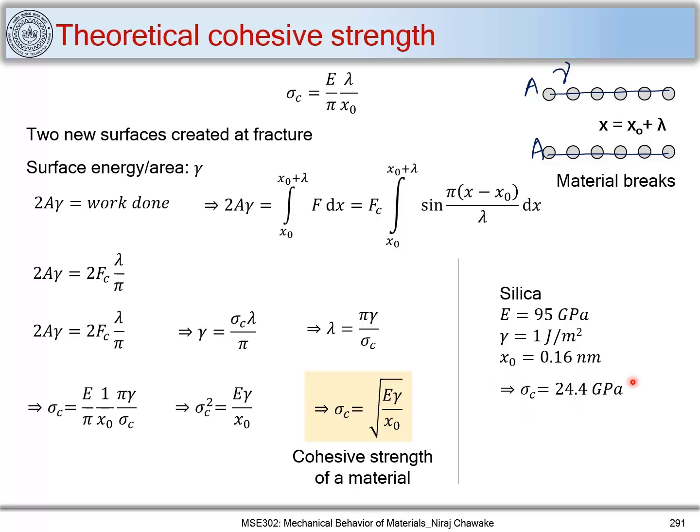So you get this sigma c, which is much higher. This is almost 2 to 4 orders of magnitude higher than the experimental values. So for the cohesive strength of silica, that is the stress required to break or disintegrate silica, the experimental stress which we observe is much lower than what is being predicted theoretically.